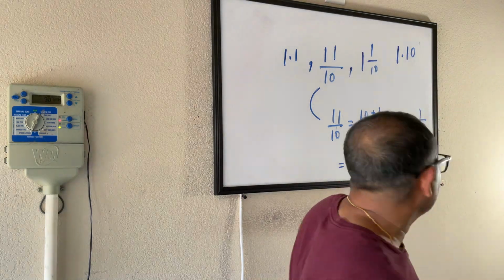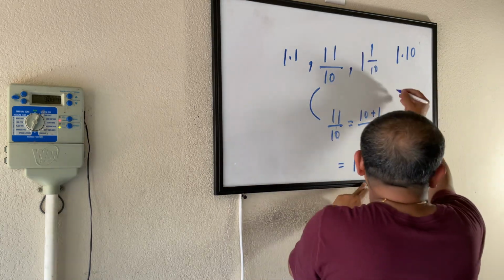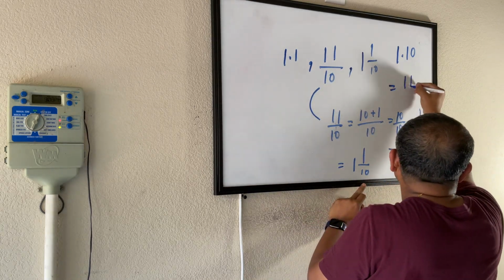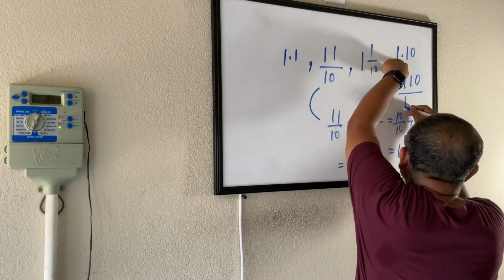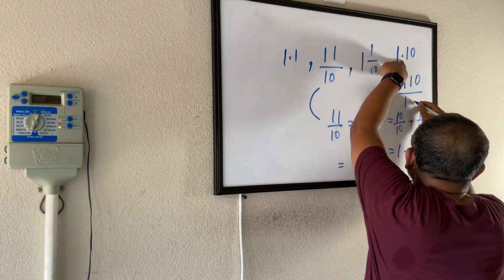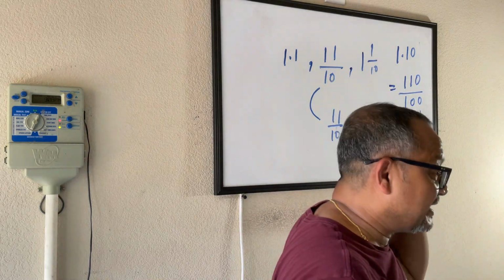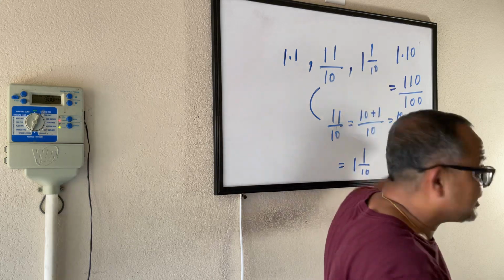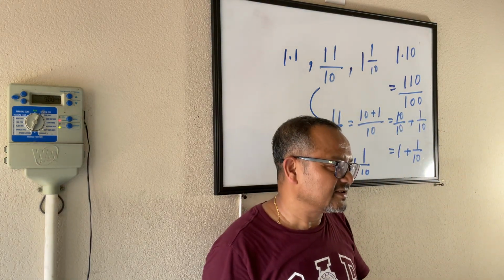You wanted to add one 0, so you added one 0 here. Now if I convert this decimal to a fraction, it becomes 110 divided by 1 for the decimal, and then I have 2 digits. So your answer of 110 by 10 is not correct. It will be 110 by 100. Make sense? Yeah?